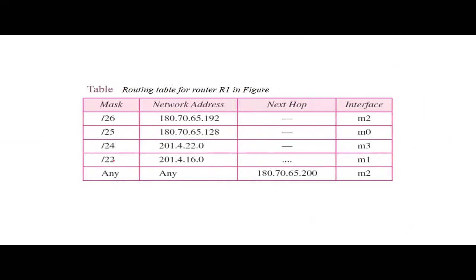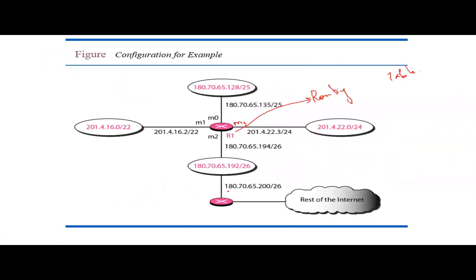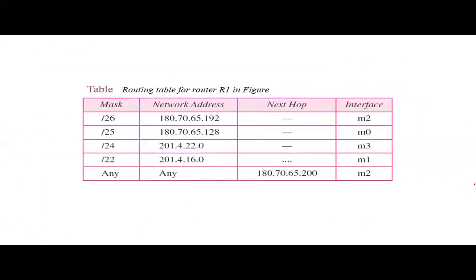That is, if it is of any other mask apart from these and any other network address, then you have to pass through 180.70.65.200, that is, the next hop is this one as given in the figure. We may be connected to the rest of the internet through this. So for any other mask apart from these 4 and for any other network address apart from these 4, the next hop is given as follows.